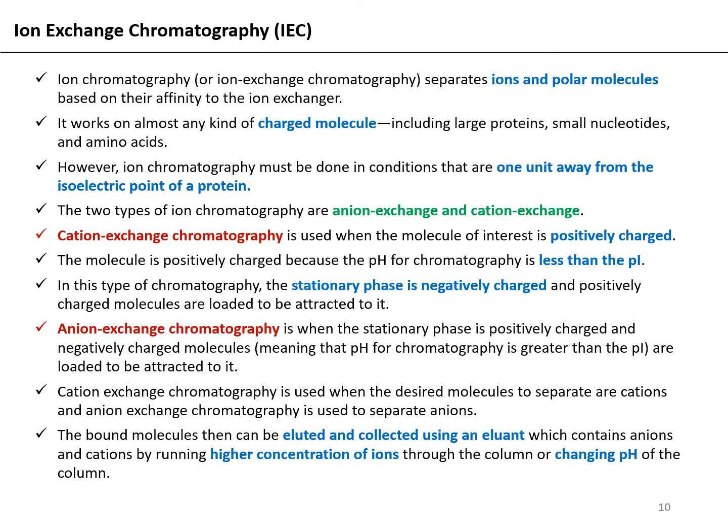Now you pass an increasing gradient of salt through the column. As the concentration of salt increases, there will be more and more free ions in the solution, both cations and anions. Now this increasing concentration of cations will displace the bound biomolecules from the column, and you will get your protein in the elution. It will elute out.